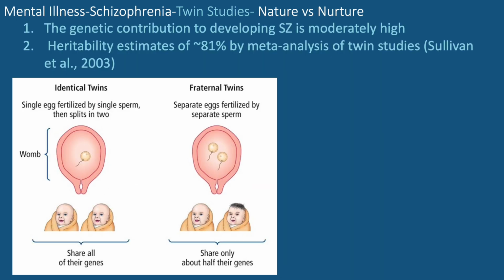Now, studies that have been based on analysis of twins have shown that the genetic contribution to developing schizophrenia is moderately high. And in addition, that the heritability is substantial, roughly 81%, by meta-analysis of twin studies.